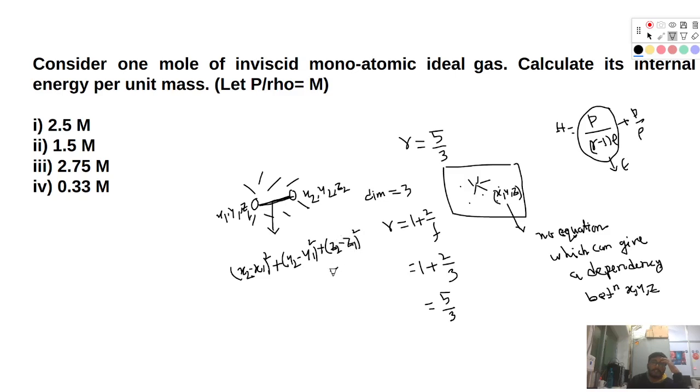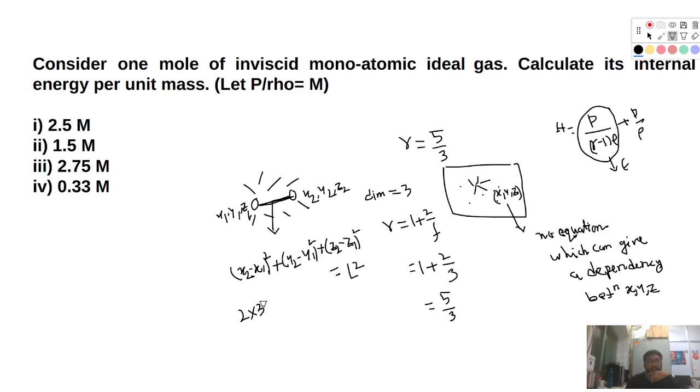This should be the length of this bond, let's say L square. So there is an equation in this case for a diatomic gas which gives Z if you know x and y. Without this bond length, you have 6 coordinates, because for each particle you have 3 coordinates.